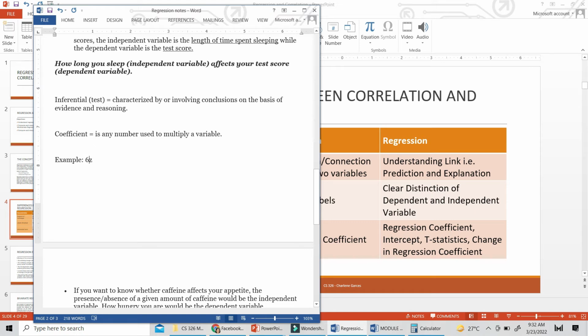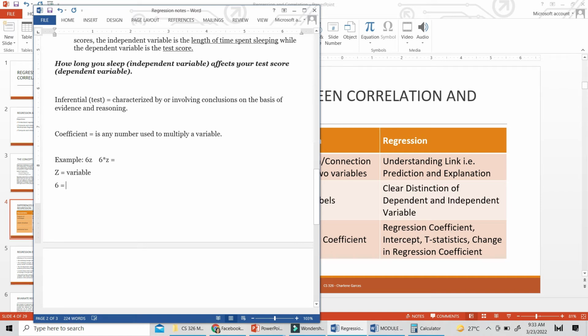So Z is the variable, because I've mentioned earlier that a variable is the element or the factor that is liable to change or vary, that is changeable. So 6 times z, because that is actually how it goes. Z is the variable, while 6 is the coefficient.